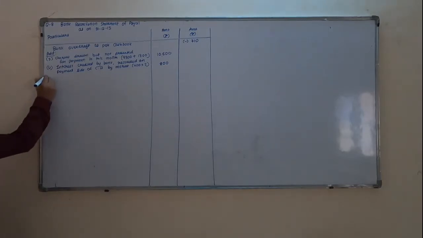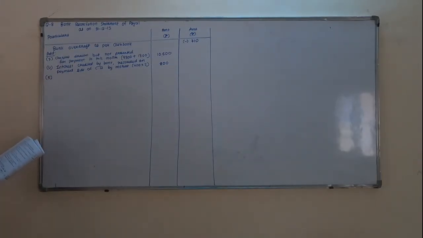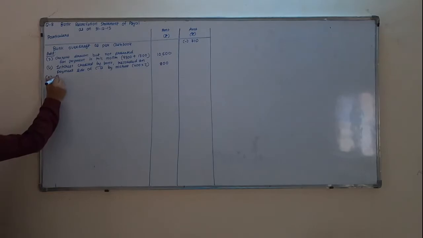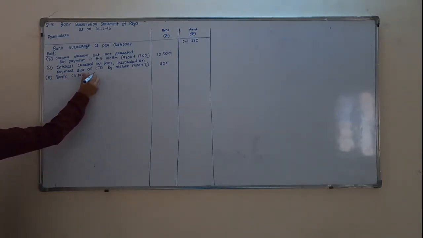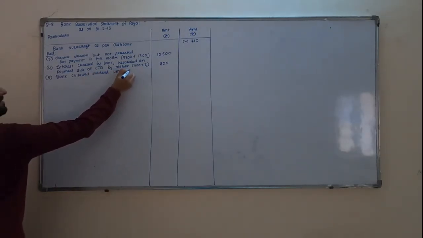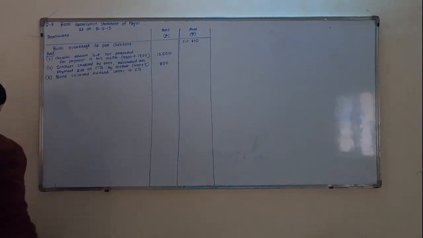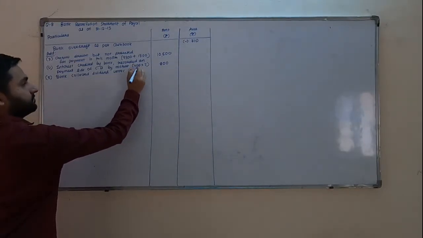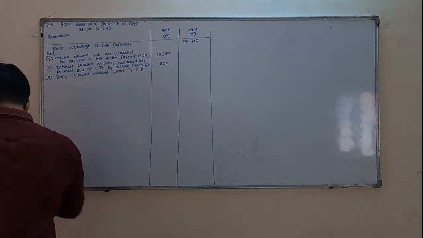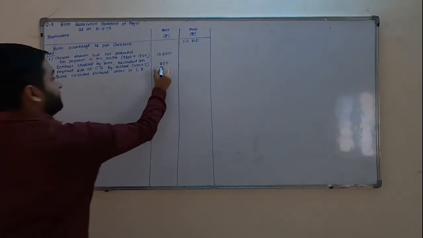Next transaction to add is number 5. Bank collected dividend unrecorded in cash book, 360.